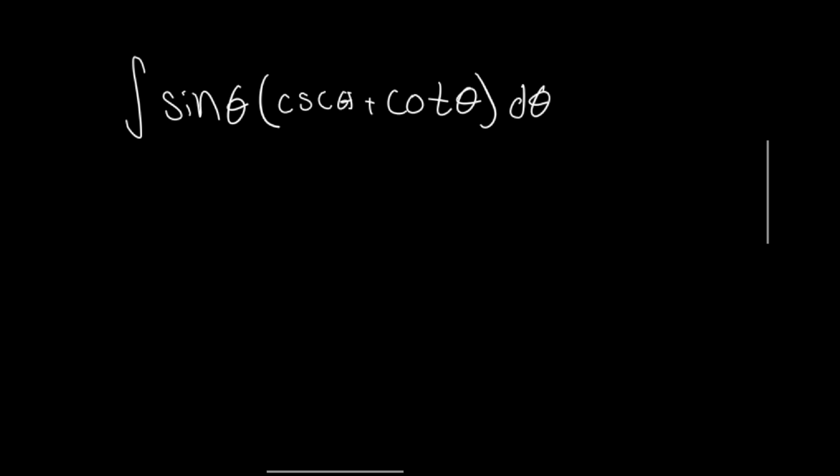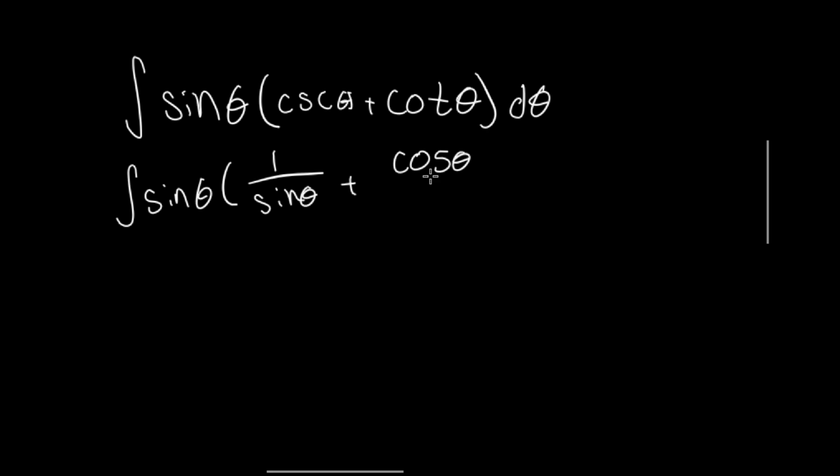So again, whenever you're dealing with trigonometric functions, I will always recommend to rewrite everything in terms of sine and cosine, similar to how back in pre-calculus, when you're doing identities of trigonometric functions, you rewrite everything into sine and cosine. You do the same here. So this integral is equal to sine of theta times 1 over sine of theta plus cosine of theta over sine of theta, d theta.